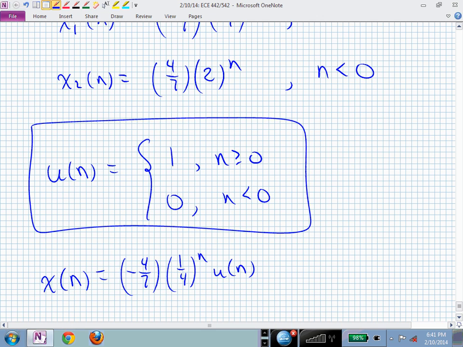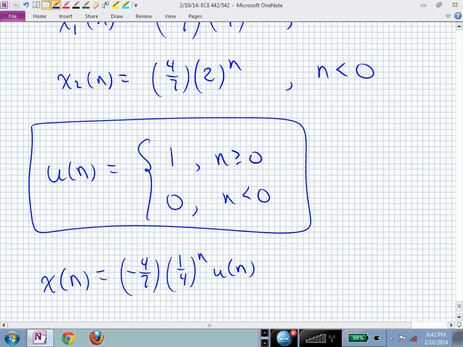Meaning anytime n is non-negative, this will just be 1. And this now is going to be active when n is non-negative. And that's what I want. Is that clear?